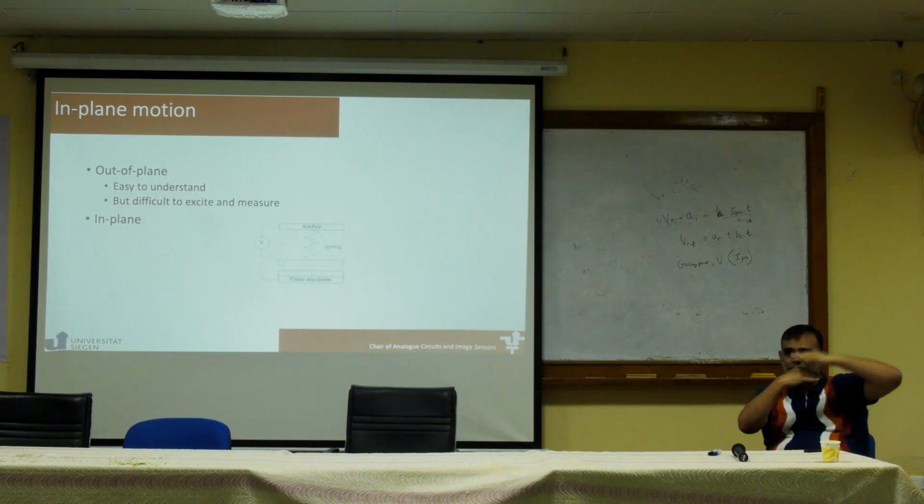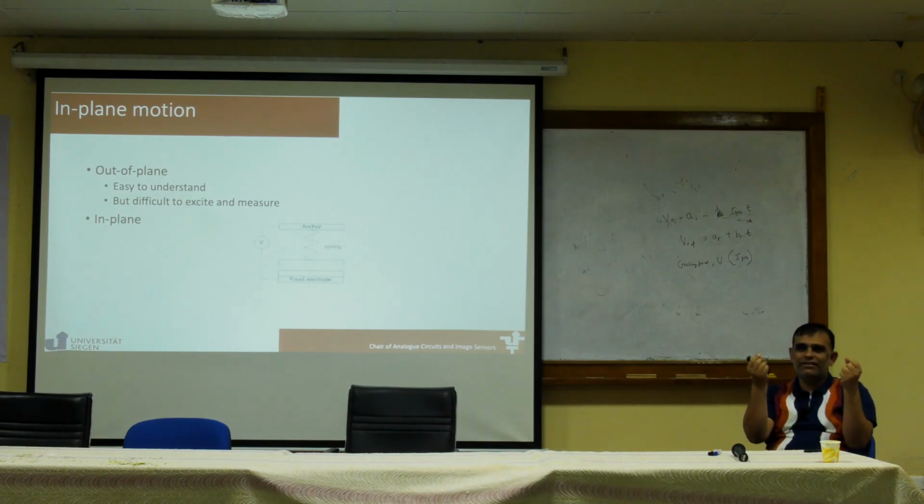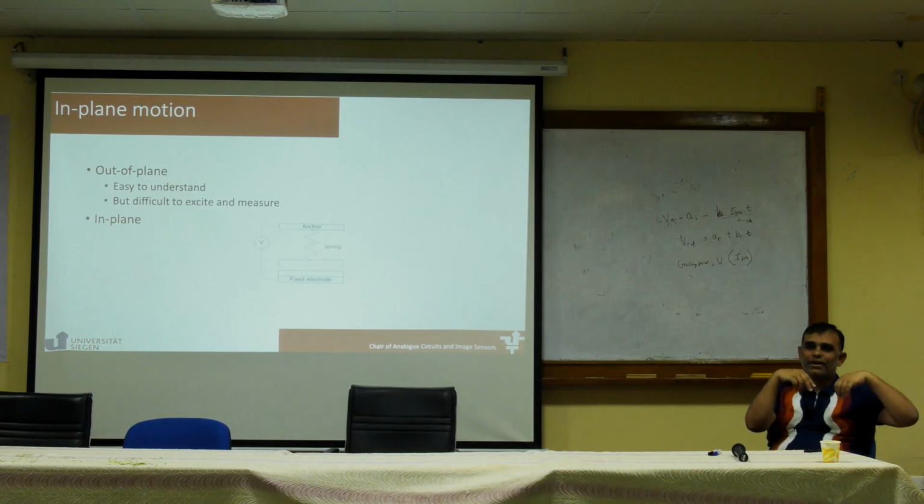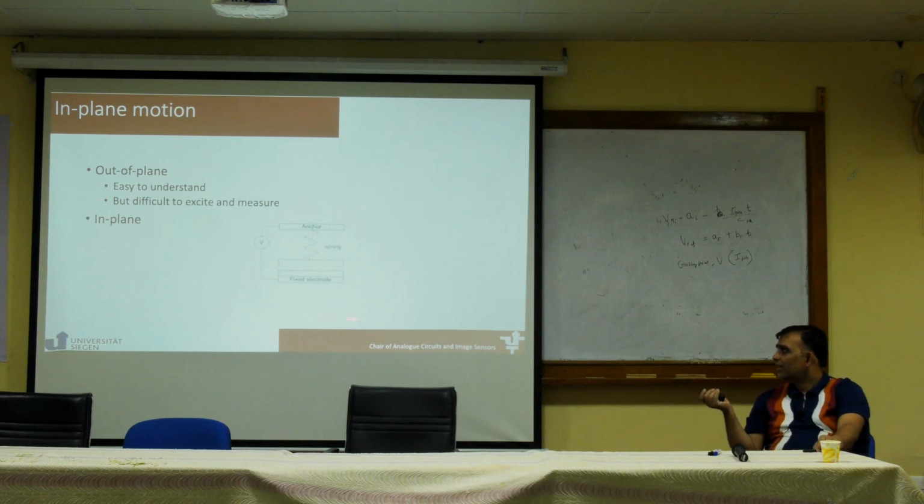There will be an electrostatic force trying to pull it towards itself. The first law of electrical engineering you might have read about is that force is proportional to charge divided by the square of the distance. So this electrode will try to pull this electrode towards itself. That looks like your excitation force.